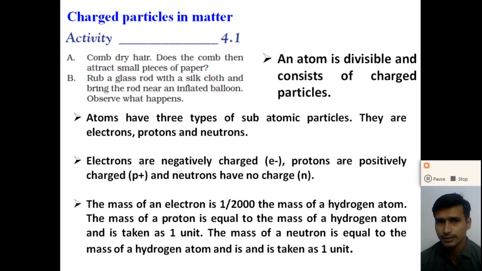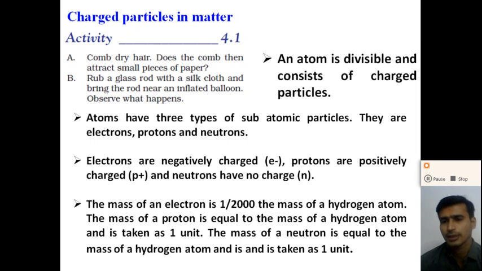So from that activity, we can say that there are two types of charge: positively charged particles and negatively charged particles. And from that, we can say that the atom is divisible and it consists of charged particles. So the two main types of charged particles are the positively charged particle and the negatively charged particle.